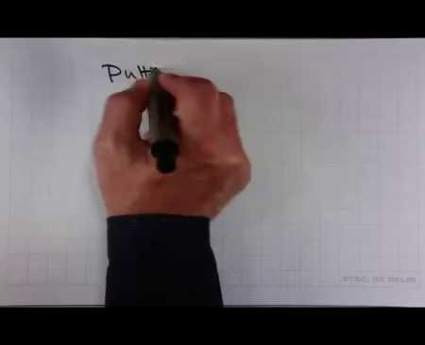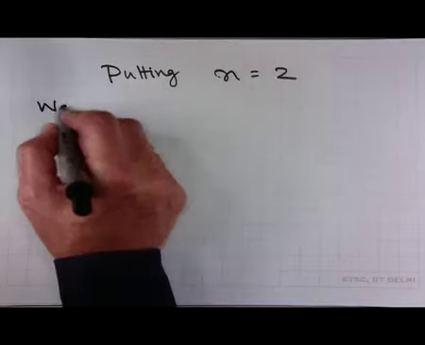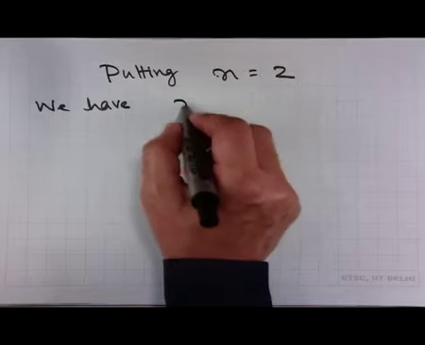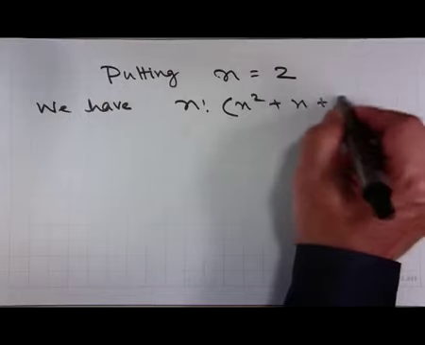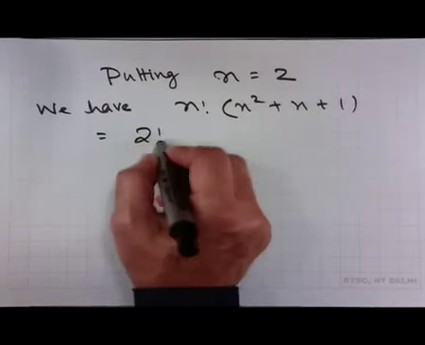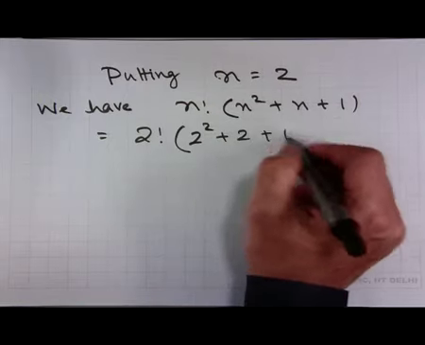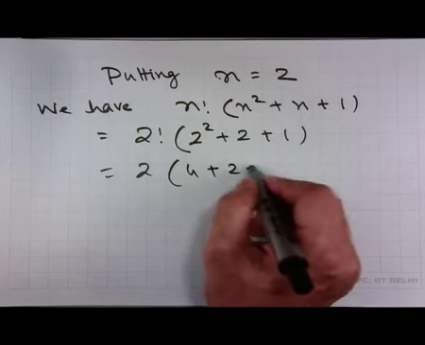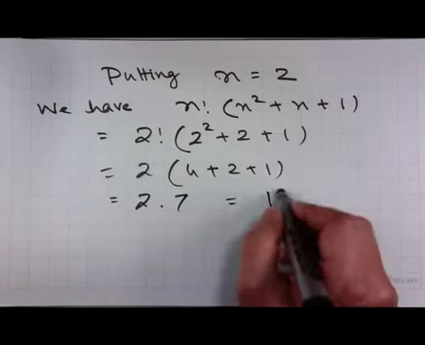Putting n is equal to 2, we have n factorial into n square plus n plus 1 is equal to 2 factorial into 2 square plus 2 plus 1 is equal to 2 into 4 plus 2 plus 1 is equal to 2 into 7 is equal to 14.